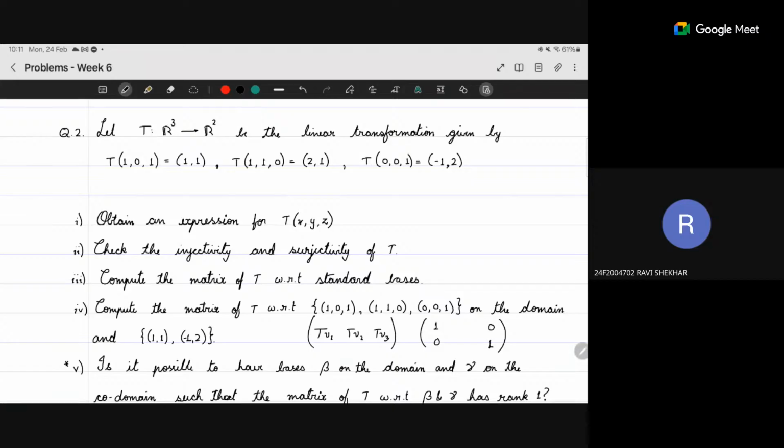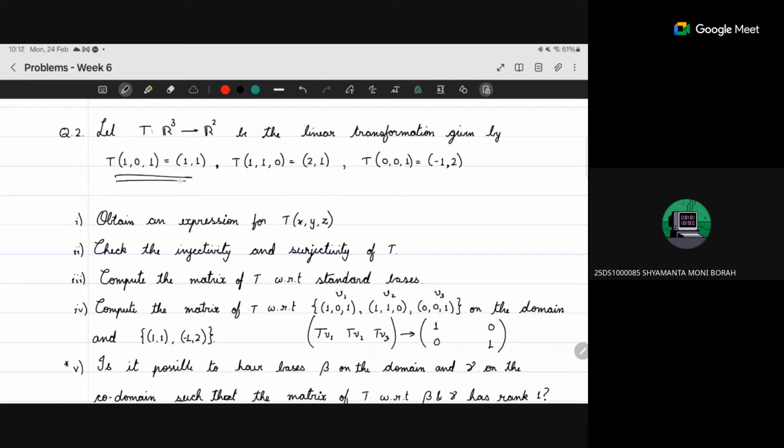Now we just have to worry about T of V2. Now T of V2 is 2, 1. How do I write 2, 1 as something? Can you explain this one you just wrote, like this 1, 0 and 0? Okay, so T of V1. So this is V1, this is V2, this is V3. Now T of V1 is already given in the question.